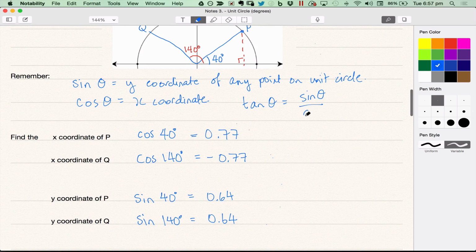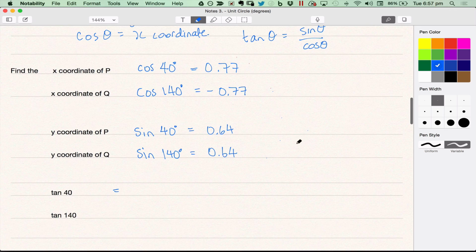And we already know that for 40, sine theta is 0.64 and for cos theta it's 0.77, which equals 0.84. You could put that straight into your calculator as well, and you should get 0.84. And tan 140 is going to be 0.64 divided by negative 0.77, which is negative 0.84.